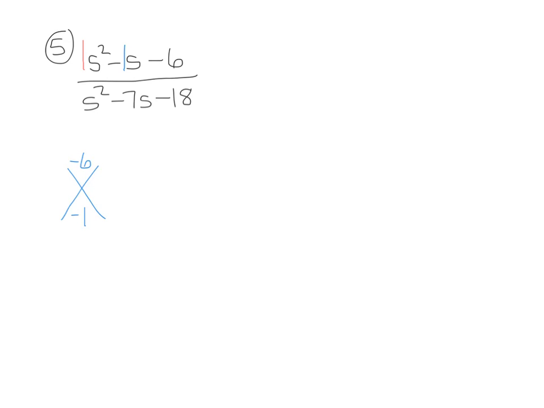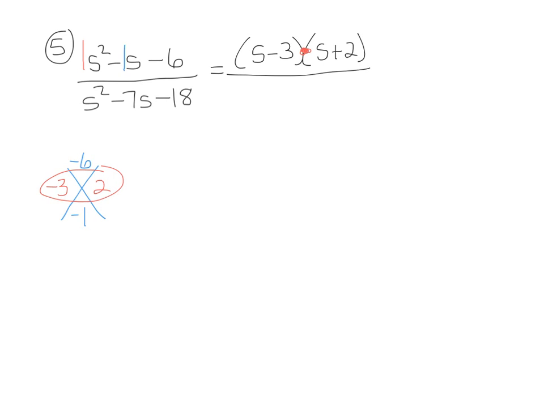I think that will be negative 3 and 2. Alright, so there you go. Use those for your factors. You're going to have s minus 3 and s plus 2. And now those are being multiplied. So I've got it factored.